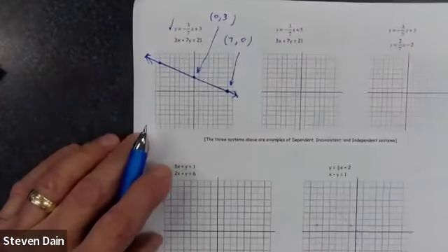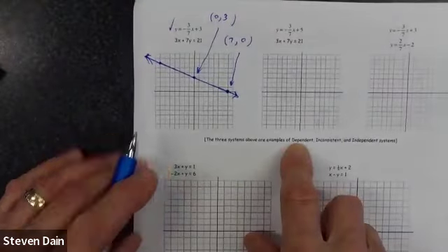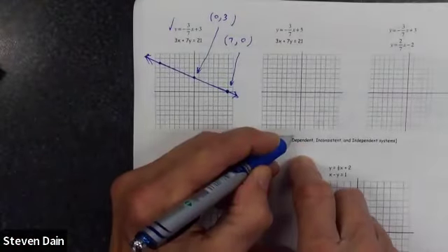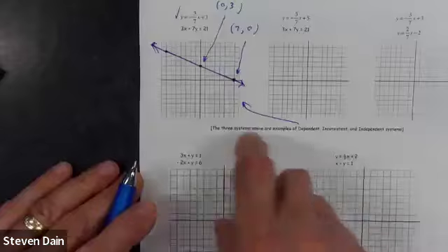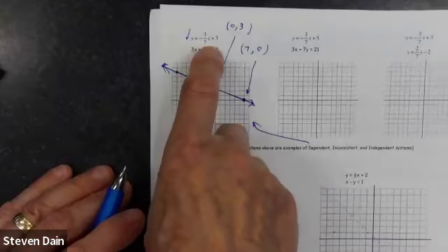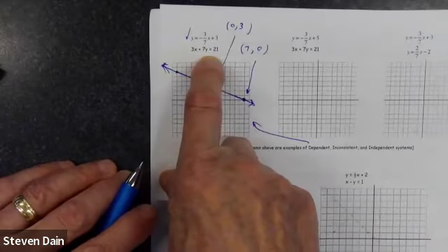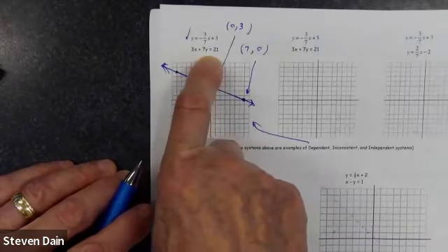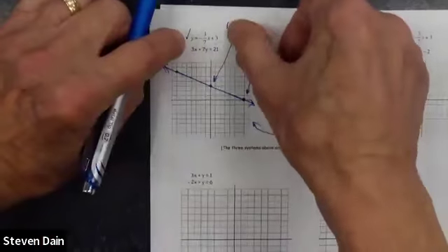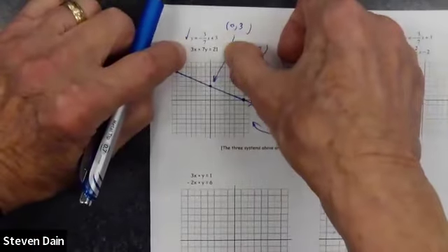And that means that this is what we call a dependent system. Anything that's a solution to the first equation is also a solution to the second equation. And in fact, you might say, it's the same equation twice, just written differently.